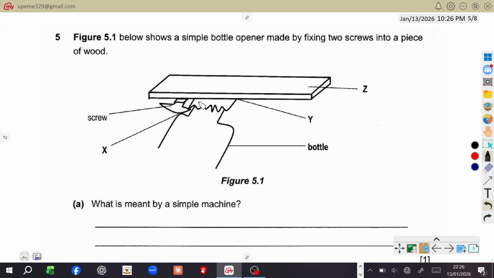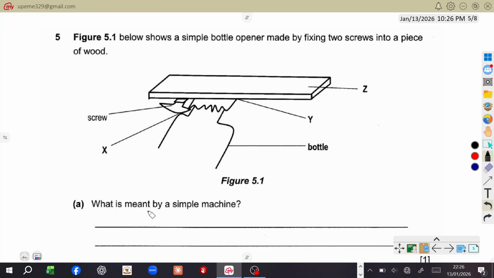They pressed just a screw, 2 screws according to them. I don't see where the other one is, but I can see the screw here. Maybe the other one is the opposite. Okay, so that they can open. This is the bottom, then this part is the top.